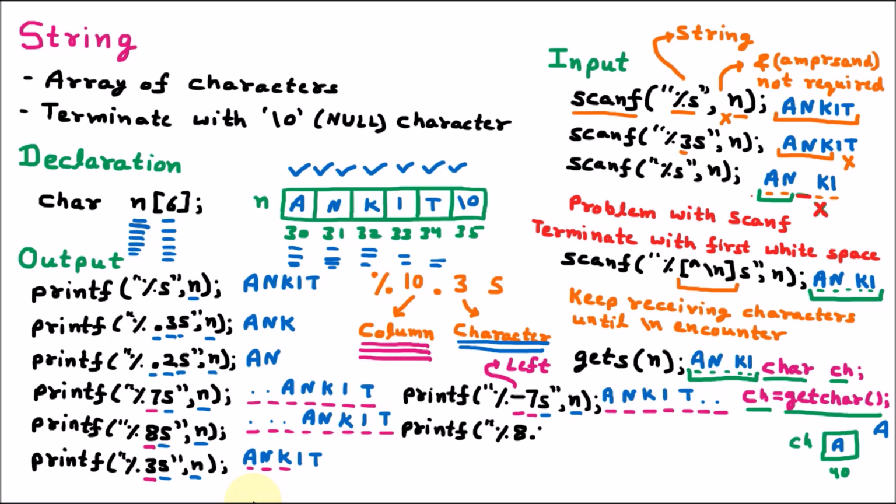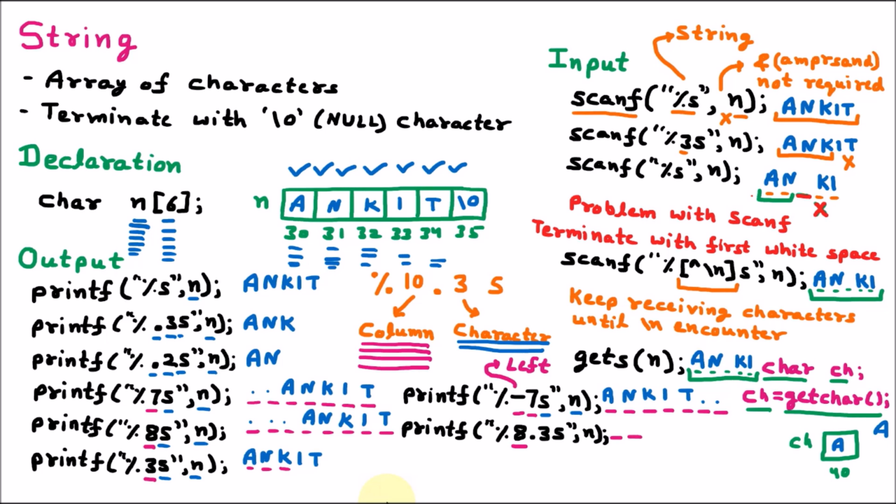Let's say we are saying 3. Now S, double quotes close, comma, N. Then afterwards semicolon. So before the dot we are having 8. 8 means column. So here 8 character column should be there. So that means on the output screen there should be 8 character availability.